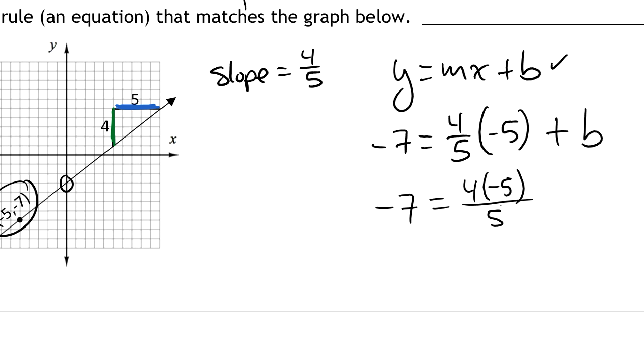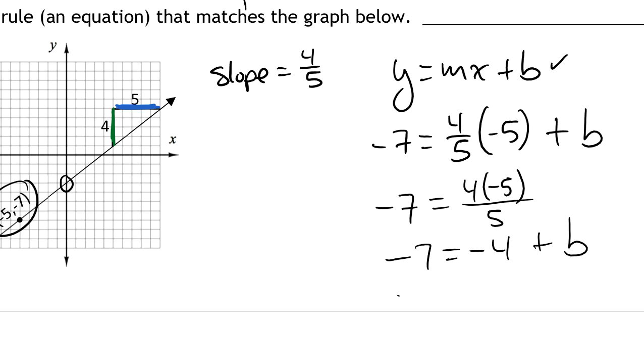Well, you can see the 5 over 5 forms a giant 1, but I've got this negative left over. And also 4 times -5 is -20, and -20 divided by 5 is -4. So this is -7 equals -4 plus b.